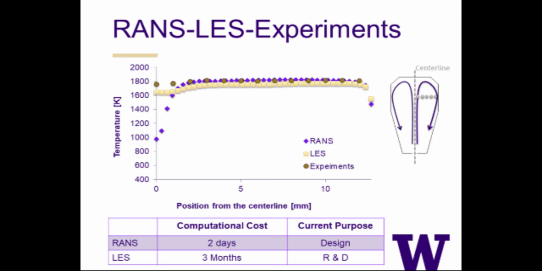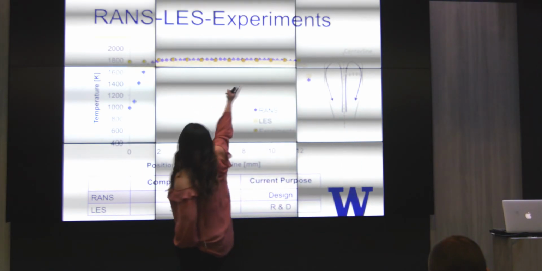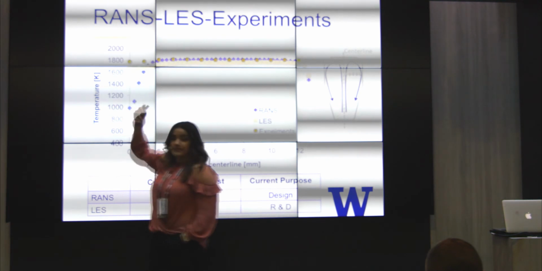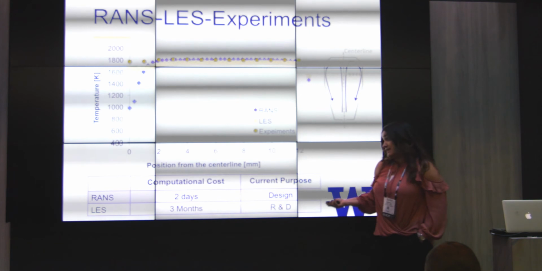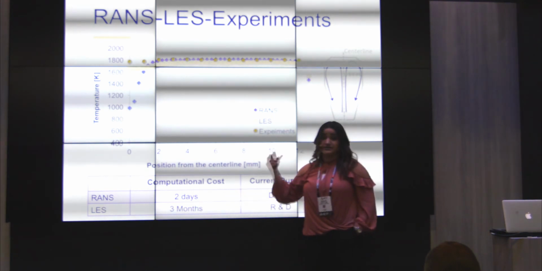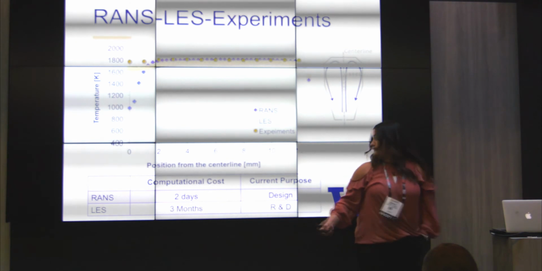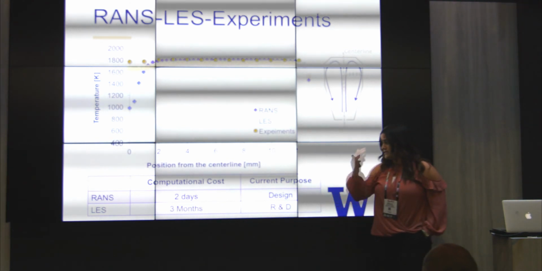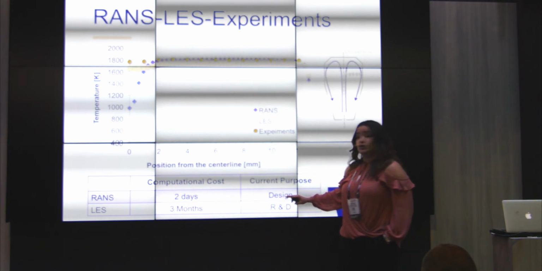This would be terrible for industry. It would mess all their design. But when we ran a large eddy simulation, it showed that it basically captured the right trend. So that's good. But at the same time, RANS for this simulation takes 2 days versus LES that takes 3 months. So right now in industry, RANS is the common model used.